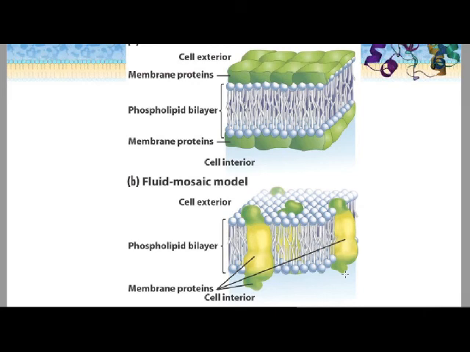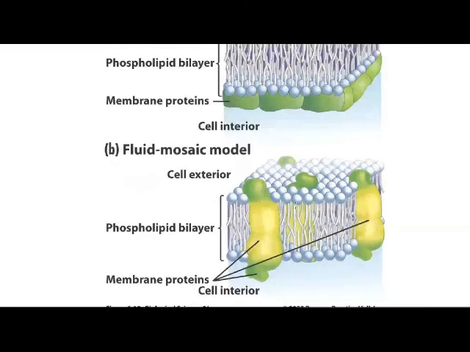For the Fluid-Mosaic model by Singer and Nicolson, again, the phospholipid bilayer is the same. In the same configuration, same arrangement of phospholipids, hydrophilic heads on both sides, and in the midsection, the hydrophobic portion of the phospholipids, the fatty acids or the hydrophobic tails.